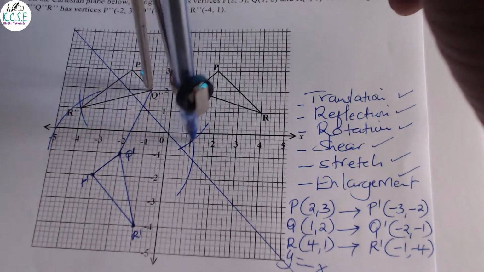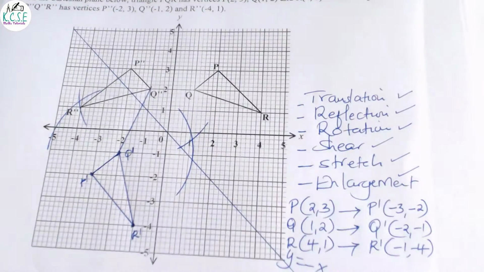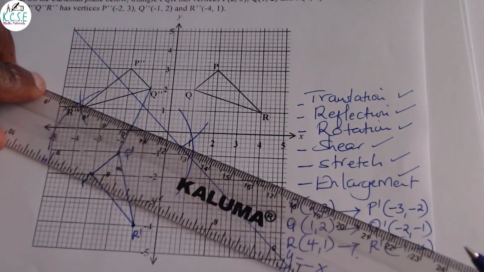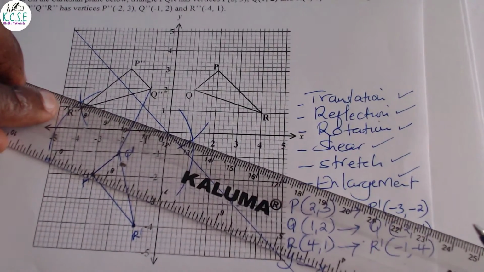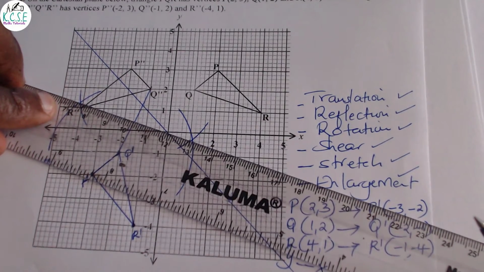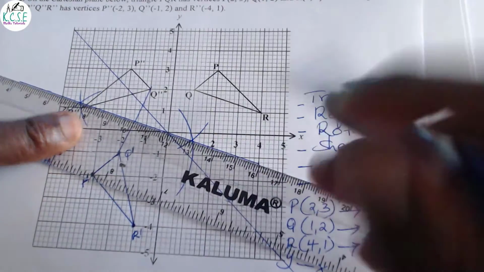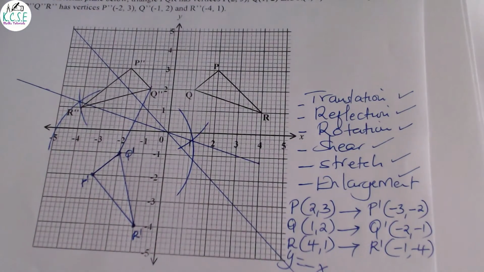Now when you join the points of intersection of the arcs, you've constructed a perpendicular bisector of that line.